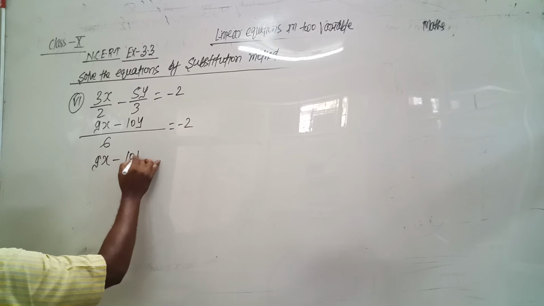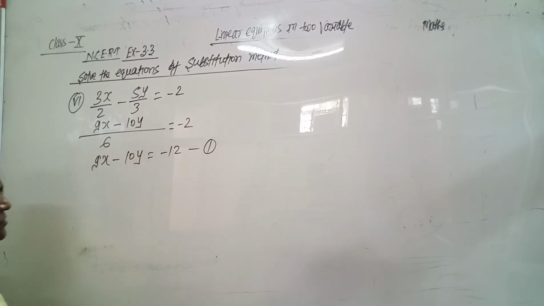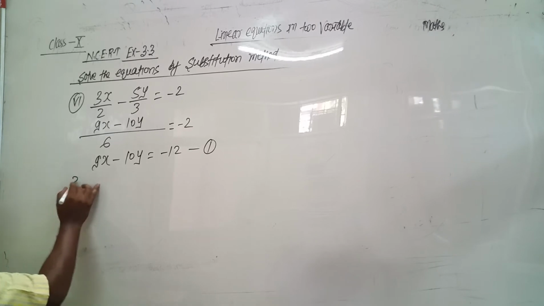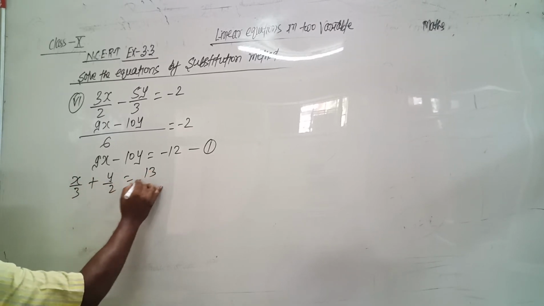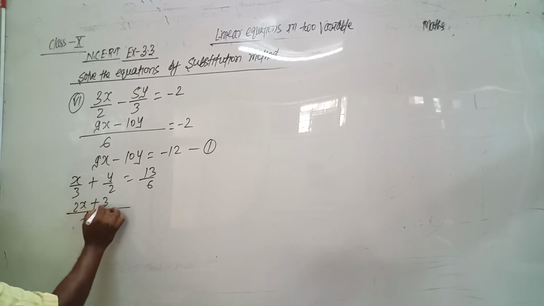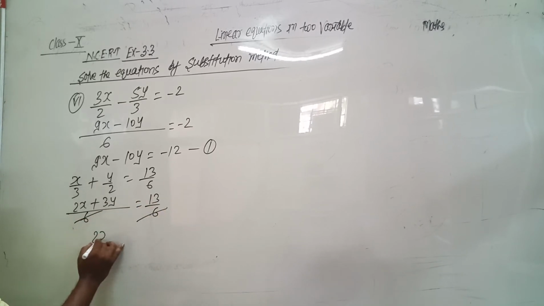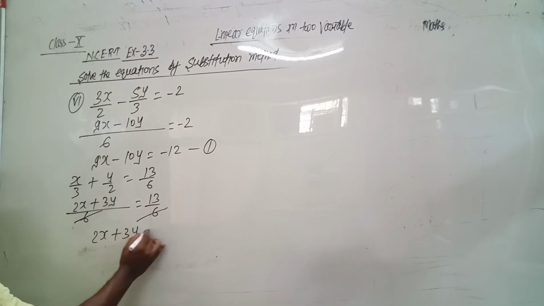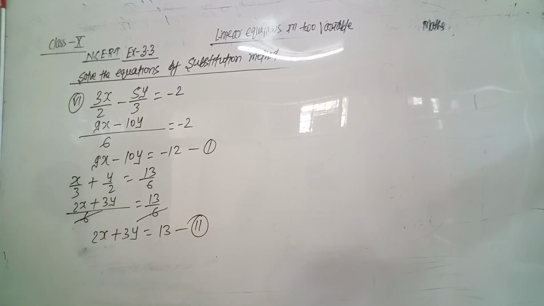So 9x minus 10y equals minus 12, 6 into minus 2 is minus 12, this is the first equation. And x by 3 plus y by 2 equals 13 by 6. LCM 6, this comes 2x plus 3y equals 13 by 6. 6 and 6 cancelled, and it comes 2x plus 3y equals 13. This is the second equation.